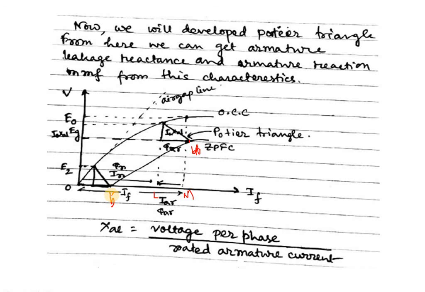The following assumptions are generally taken to draw the Potier triangle. First, the armature resistance RA is neglected. Secondly, the OCC taken on no load accurately represents the relation between MMF and voltage on load. Thirdly, the leakage reactance voltage IAXAL is independent of excitation.